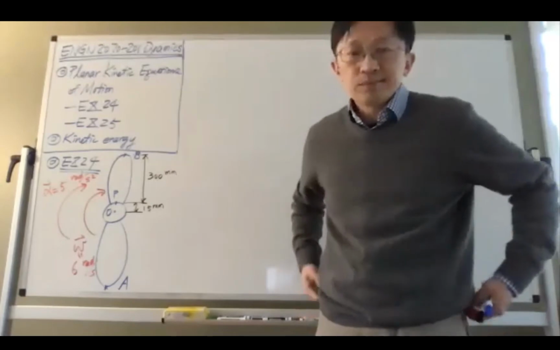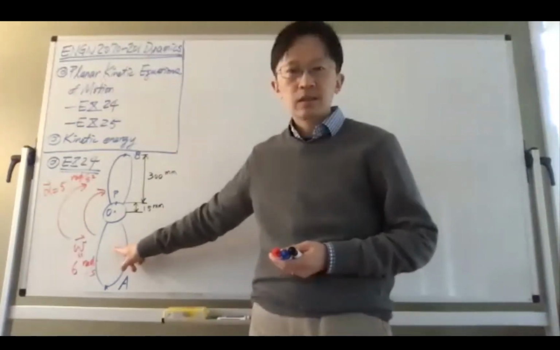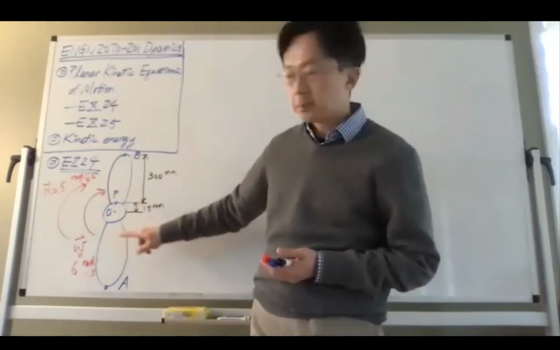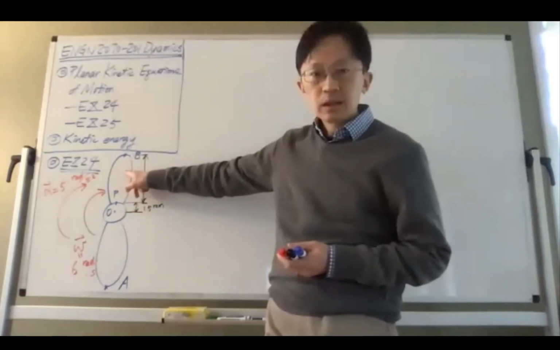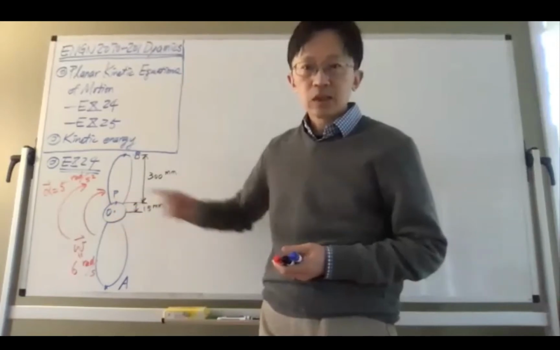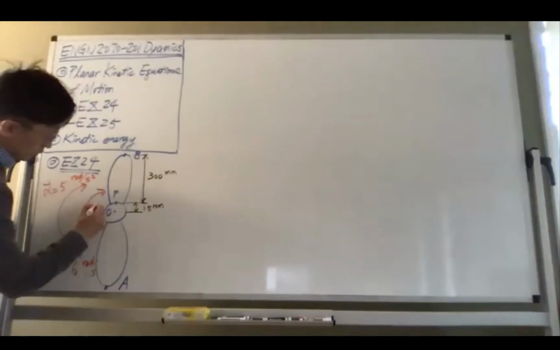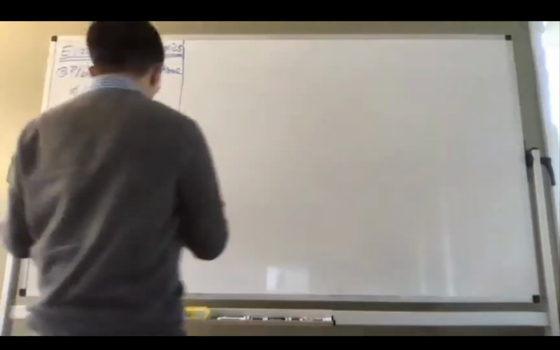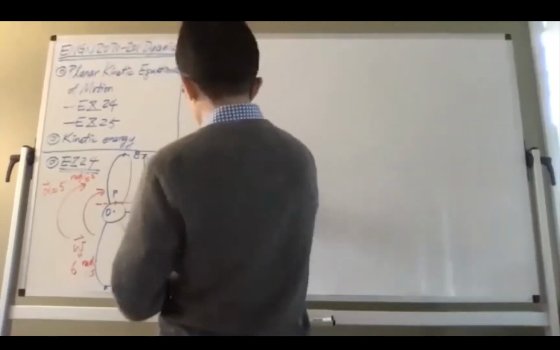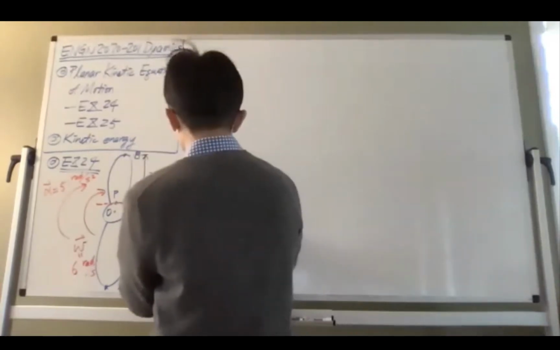Now, what's the question? When the fan is in this orientation, we want to know what will be the forces developed between the blade B and the centerpiece. Because when we cut it here, you can move this part to something like this, and the blade can be cut into something like this.